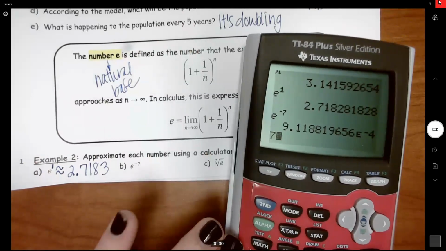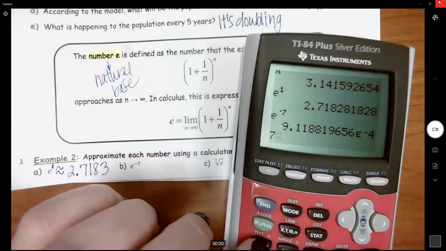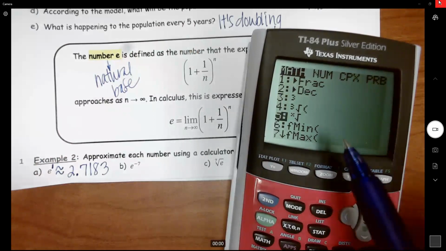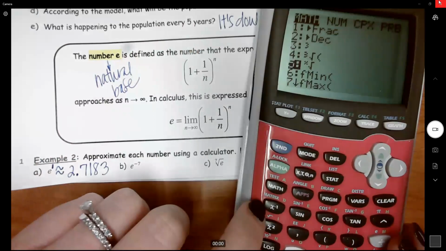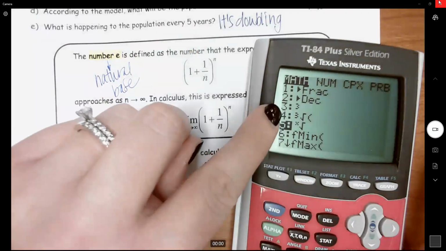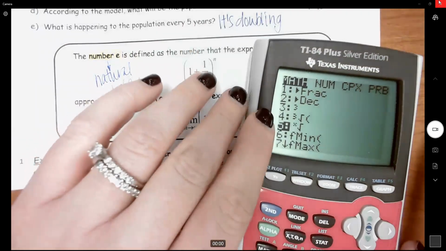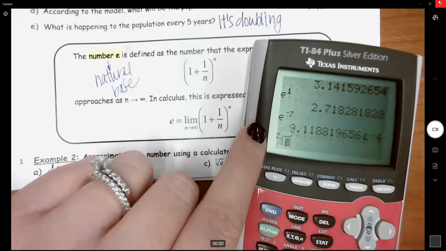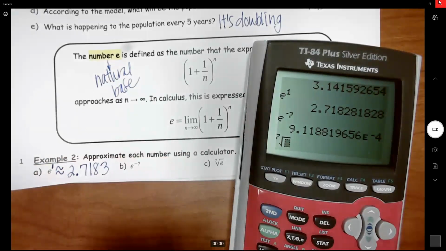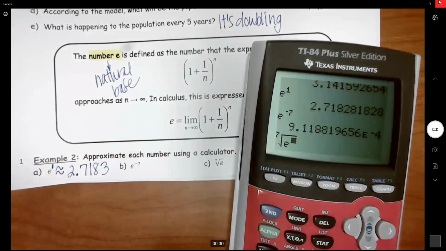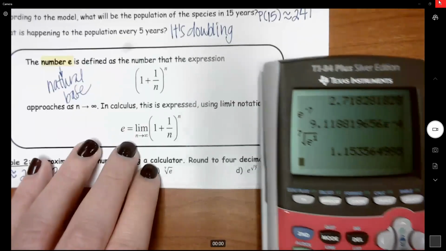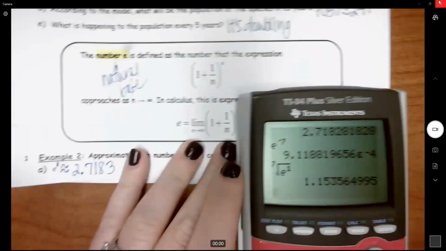So I will put in 7, then I will go math, and I'll go to 5. If it's the square root, you use this button here. If it's the cubic root, you have a specific button for it. But if it's anything else, you put in the index first, then you go over here to 5, and it makes whatever you put in first the index. So we'll put in e to the first again, and then the 7th root of e.